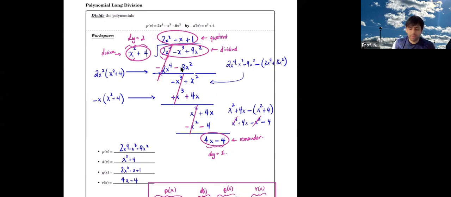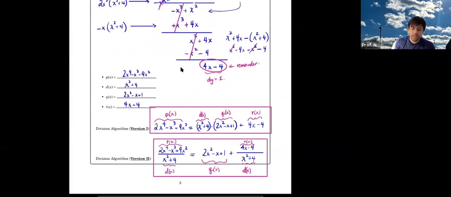That's why I put these in different colors, so you can see that the signs change when you subtract. If you don't remember, you have to understand subtracting polynomials: the second polynomial always has its sign flipped for every term. So you have to remember that.